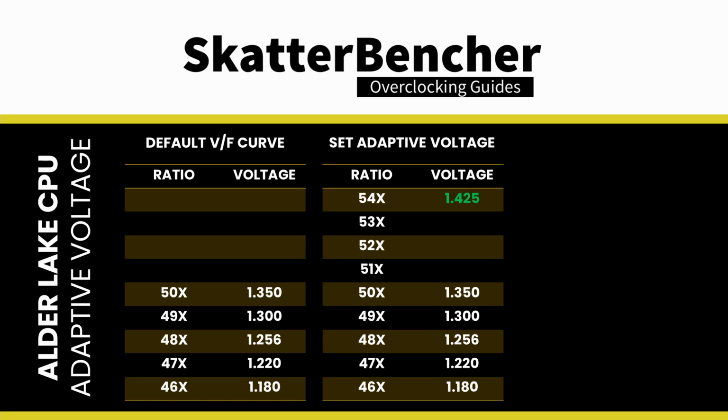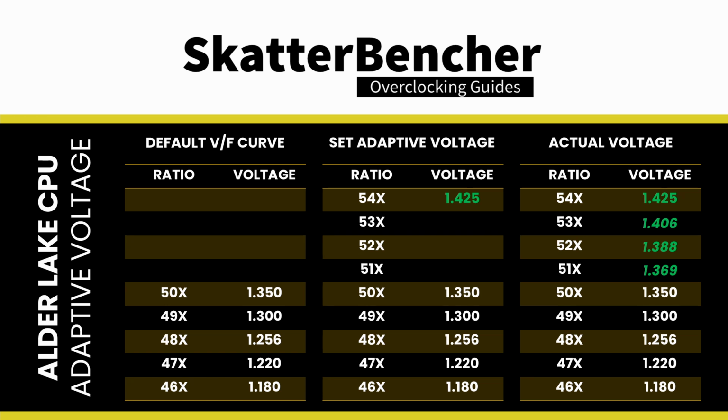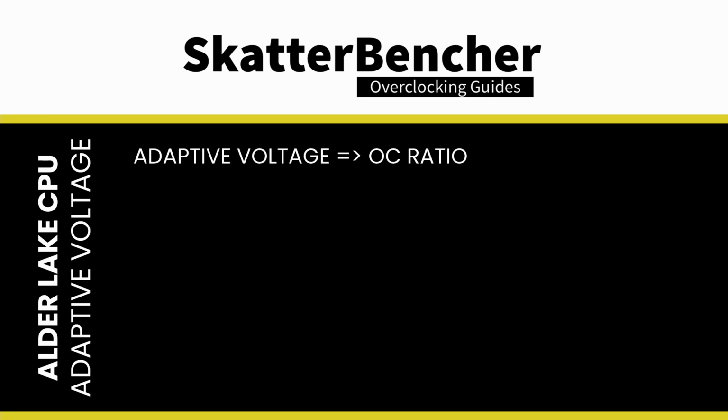Now, the target voltage for ratios 51x, 52x, and 53x will be interpolated between the VF point 50x at 1.35 volt and our OC ratio 54x at 1.425 volt. So, in conclusion, the adaptive voltage set in the BIOS is mapped against the OC ratio.